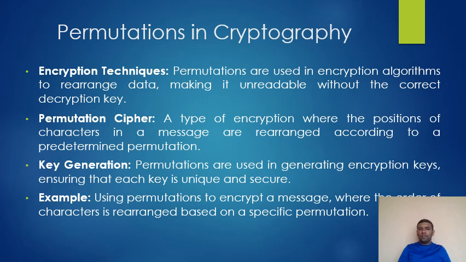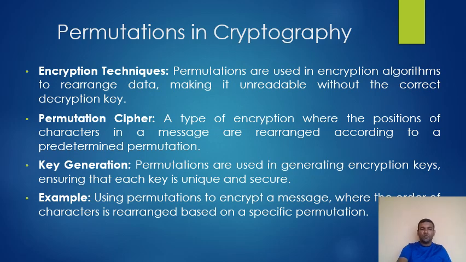So they require very strong passwords, and these can be done with the help of permutations in computer science application. There's also cryptography, making these key generations, permutation ciphers, encryption techniques. All these are different kinds of applications of computer science itself.